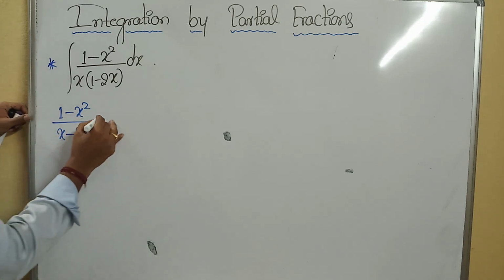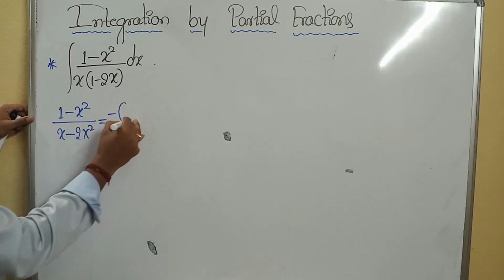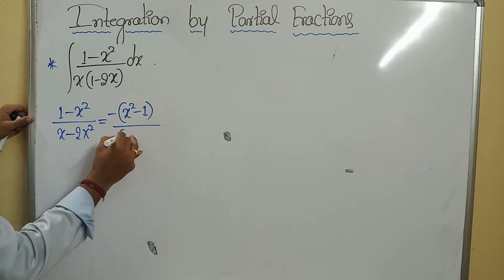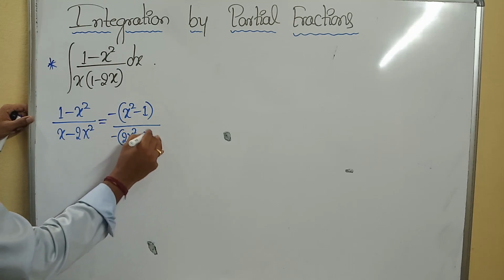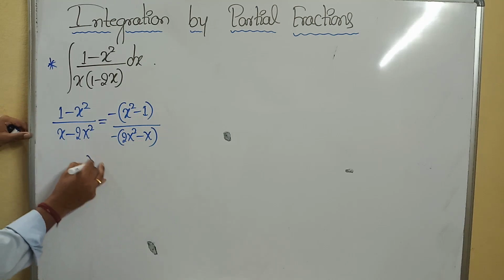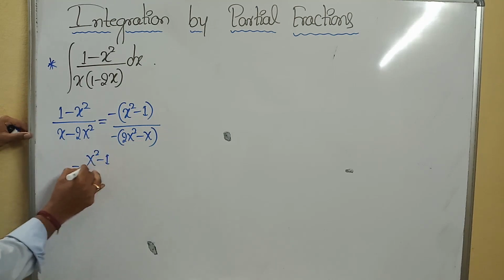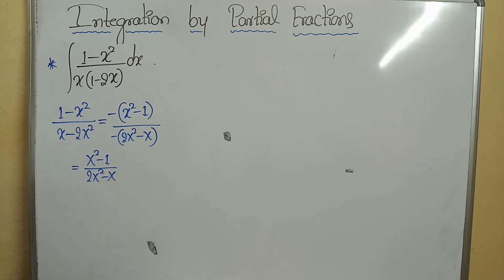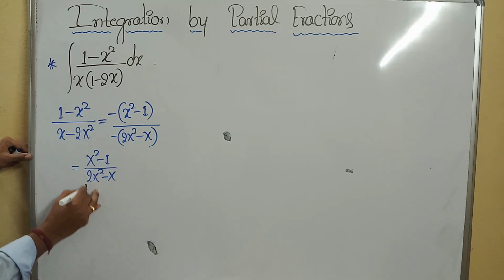Okay, some simplification I'd like to do here. Taking minus common from the numerator, x square minus 1, taking minus common from the denominator also, 2x square minus x. Okay, minus minus will be eliminated. We got the function as x square minus 1 divided by 2x square minus x. Now, this is an improper fraction.